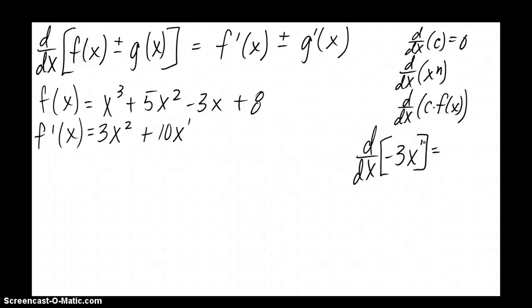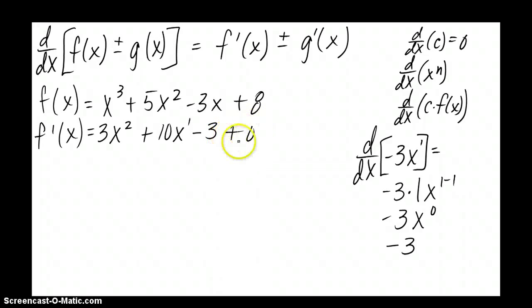This is raised to the first power, so using the power rule, negative 3 times 1, x to the 1 minus 1. So this becomes negative 3 times x to the 0, and we know anything to the 0 power is 1. So the derivative of negative 3x is just negative 3, and then the derivative of any constant term is 0. The more you use these, I won't have to see the plus 0. So our final answer for the derivative is 3x squared plus 10x minus 3.